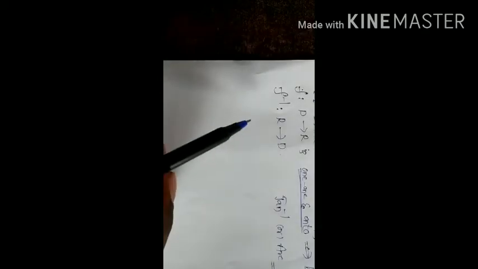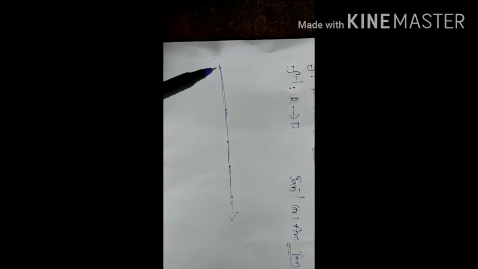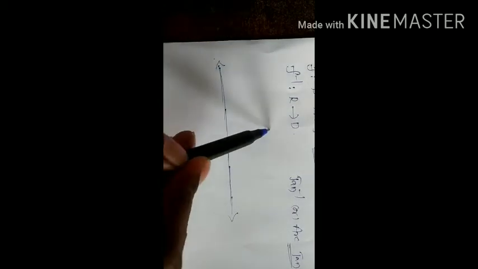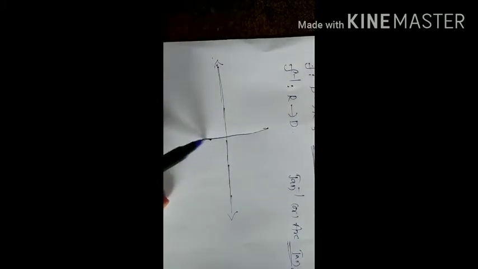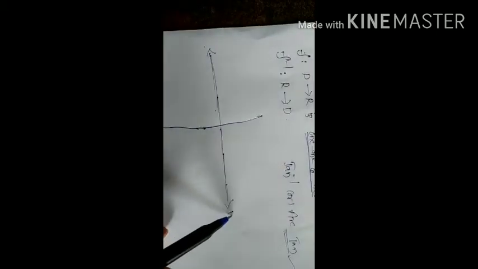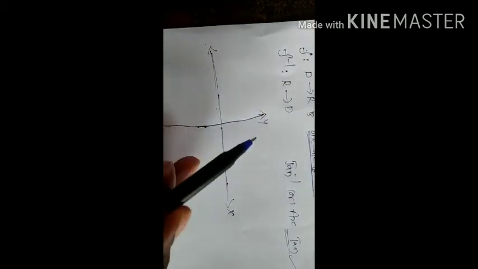Okay. Next, see the graph of tan function and tan inverse function. Already you have learned the graph of tan function in class 11th. Once again I drew the graph, let's see, and afterwards we'll see the graph of tan inverse function. So this horizontal line represents the x-axis and the vertical line represents the y-axis.